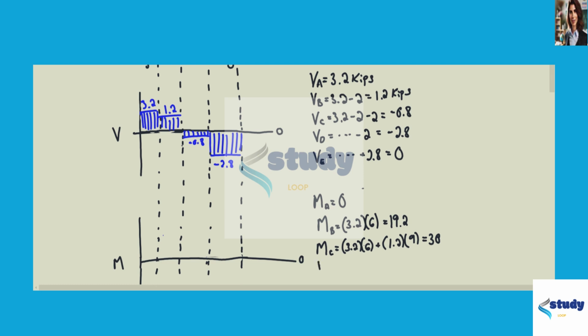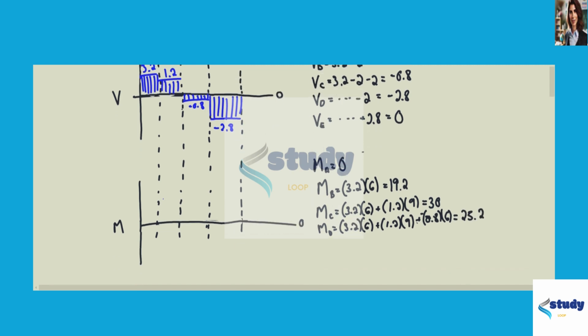Now the bending moment of D goes 3.2 times 6 plus 1.2 times 9, adding in the negative 0.8 times 6, and this equals 25.2.